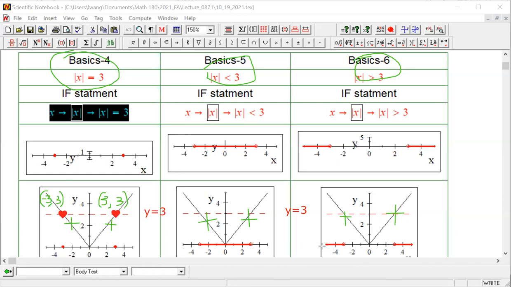So there are an infinite number of solutions. The other piece that makes the output larger than 3 is 3.1, 3.2, 3.5, 4, 5, and so on, and the points in between. Infinite number of solutions. Does everybody follow me?